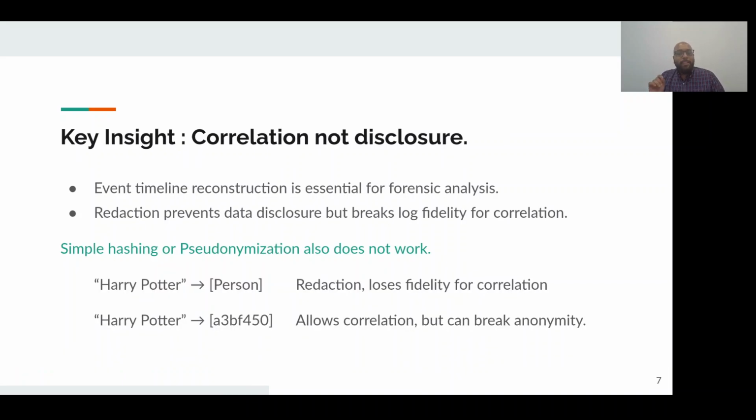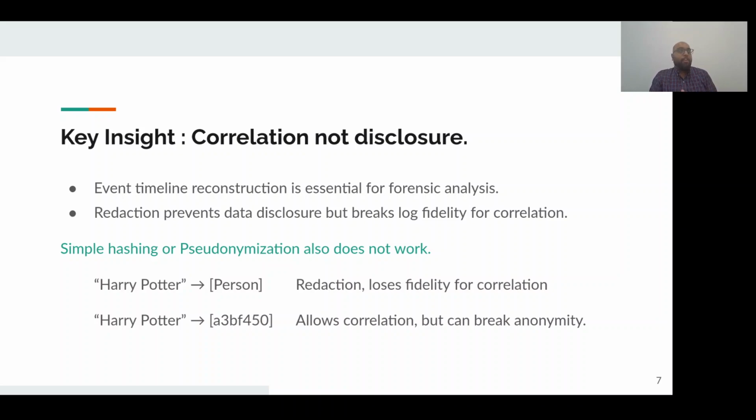Now, the key insight we developed in this research is that to perform forensic analysis, you need correlation, but not disclosure. Forensic analysis is built on top of a lot of event reconstruction or timeline reconstruction, where if we redact certain elements of the log, it prevents data disclosure, but it also breaks the log fidelity that is needed to correlate certain events.